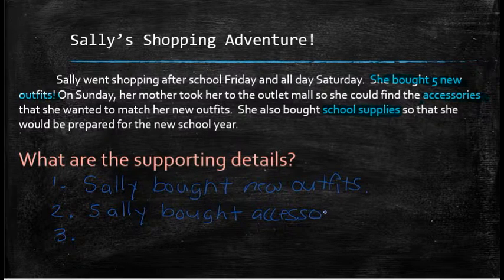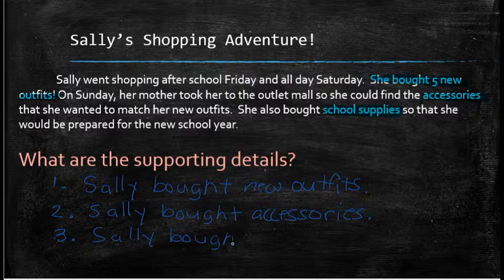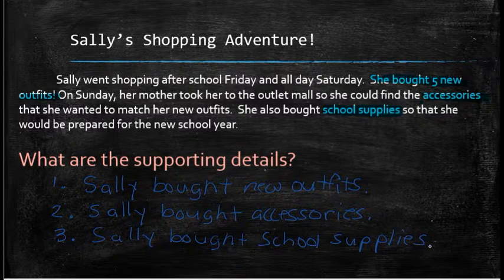And finally, Sally bought school supplies. So make sure you have those written in the field there, the available field for you to write in, so that you can get credit and you can get your chip.